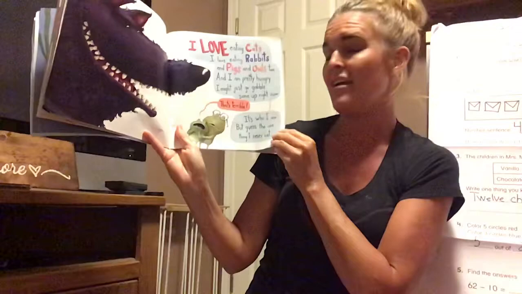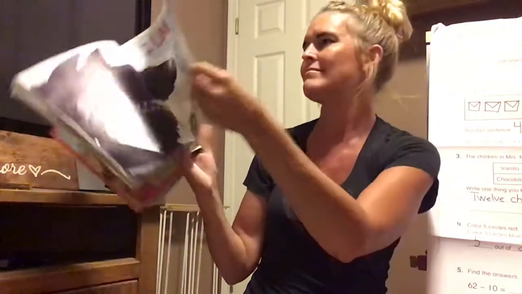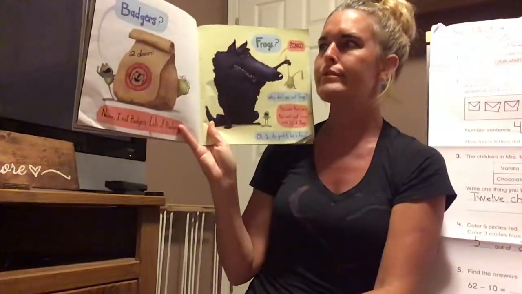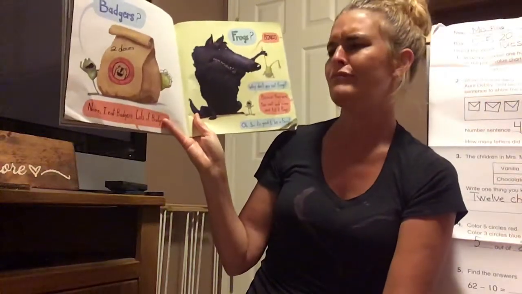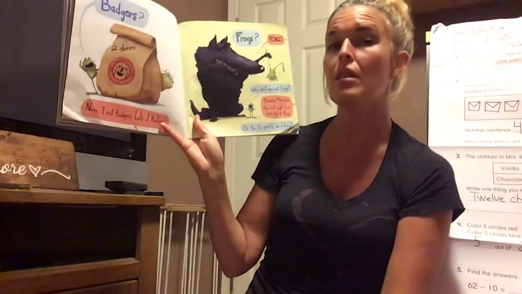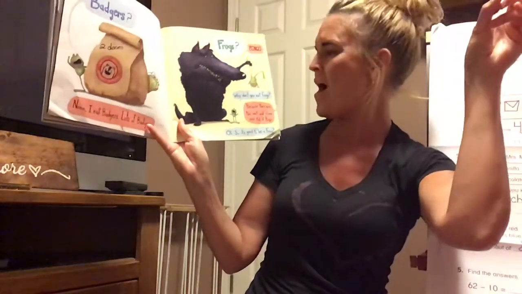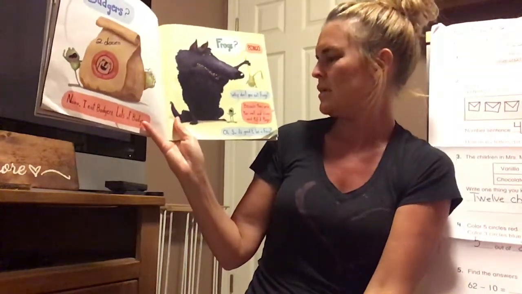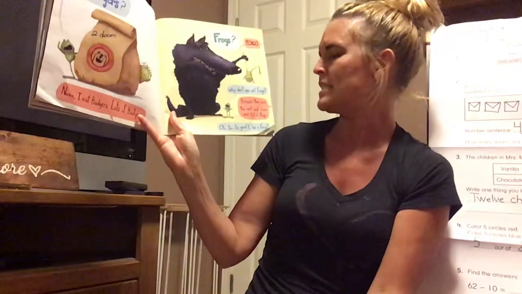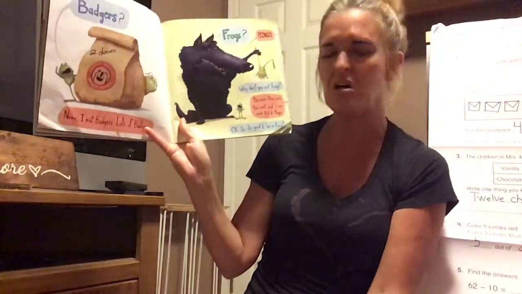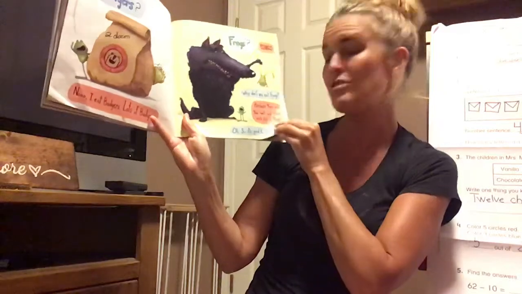But guess the one thing I never eat. Badgers? No. I eat badgers. Lots of badgers. Frogs? Bingo! Why don't you eat frogs? Because they are too wet and slimy and full of bugs. Oh, so it's good to be a frog?